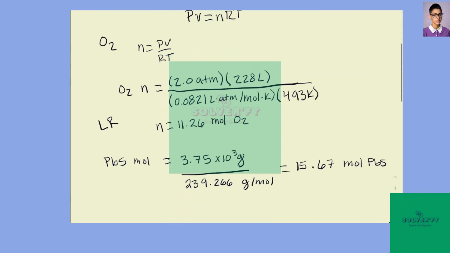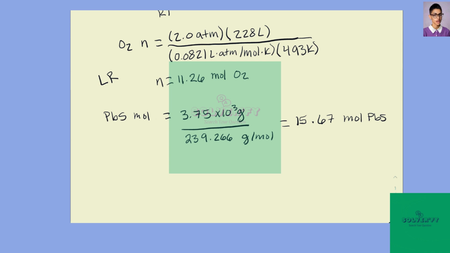So we're going to use the moles of O2, which is 11.26 moles O2, and we're going to multiply that by that ratio, which is 2 moles of sulfur dioxide to every 3 moles of O2. When we calculate this out, it's going to equal 7.5 moles of the sulfur dioxide.